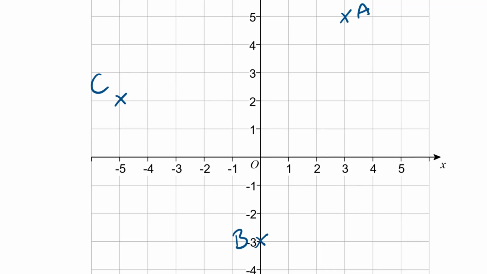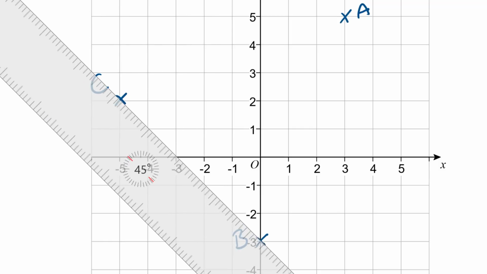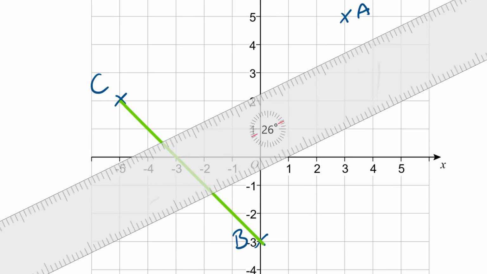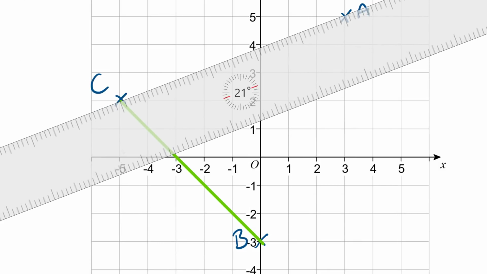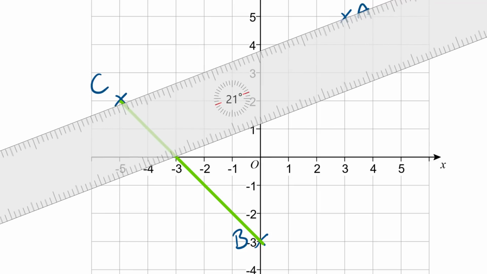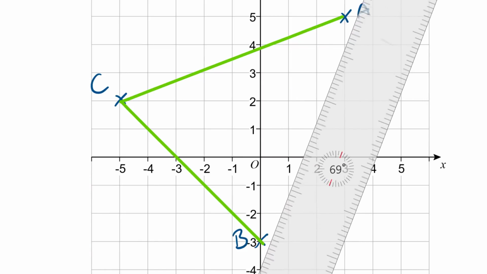Well, let's draw it and see if it gives us a bit of a clearer picture. So, joining those points up. C to A. And then down there.